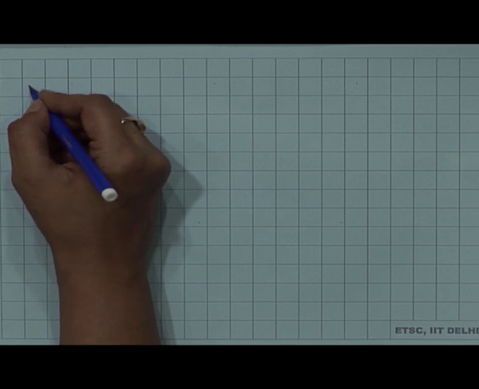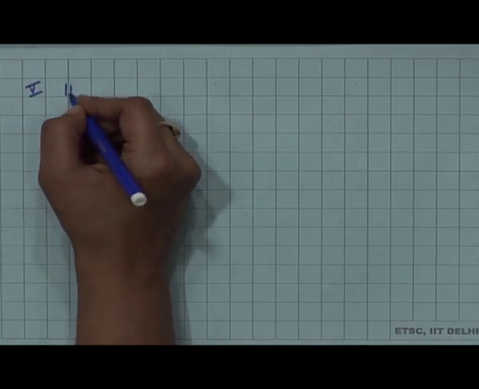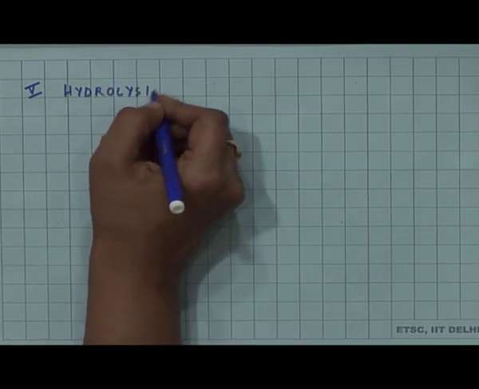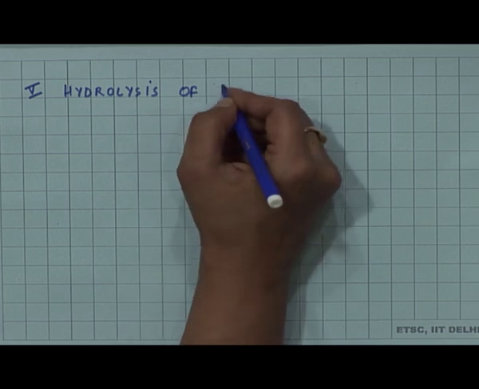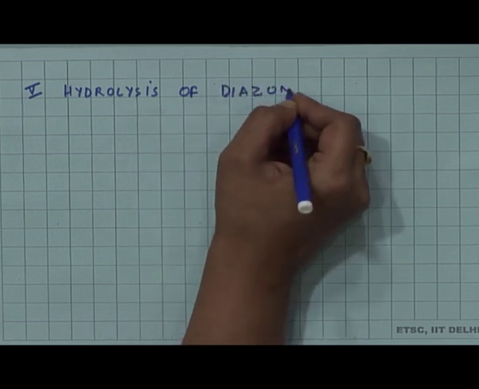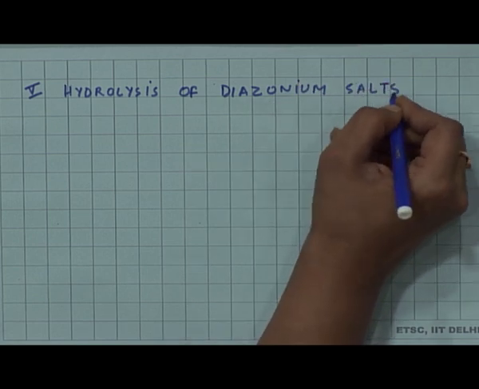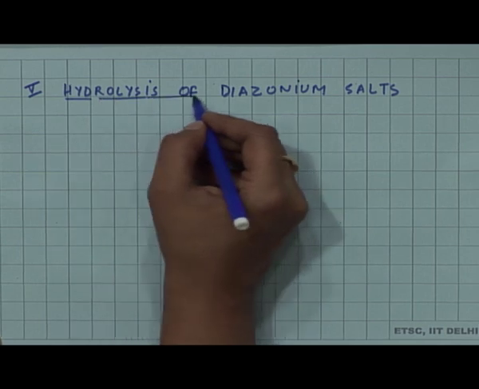The next method is by hydrolysis of diazonium salts. So, it is starting from diazonium salts and carrying out its hydrolysis in aqueous acidic solution.